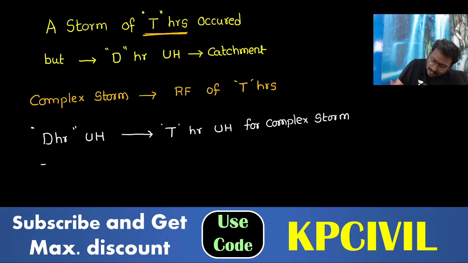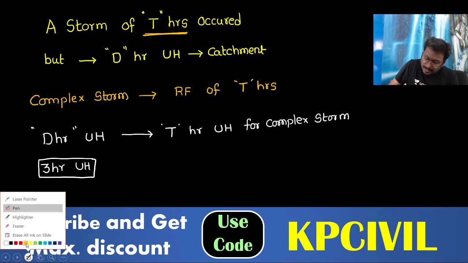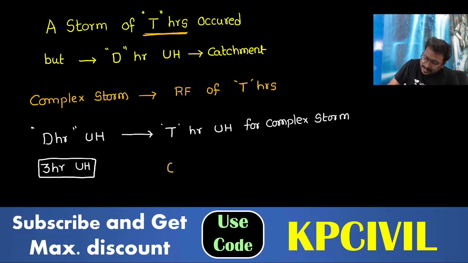For example, already you have a 3 hour unit hydrograph of a specific catchment. Now in that catchment, after some number of days or months, there is an occurrence of 6 hour rainfall.